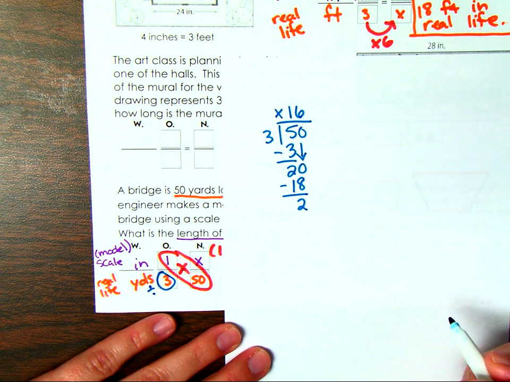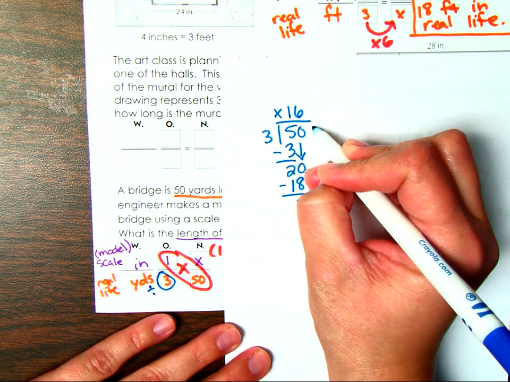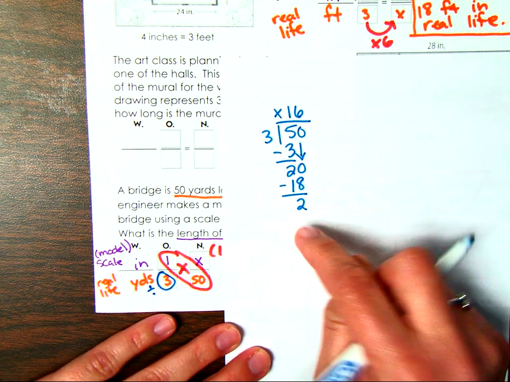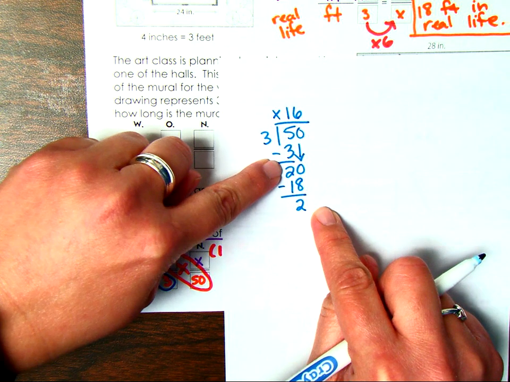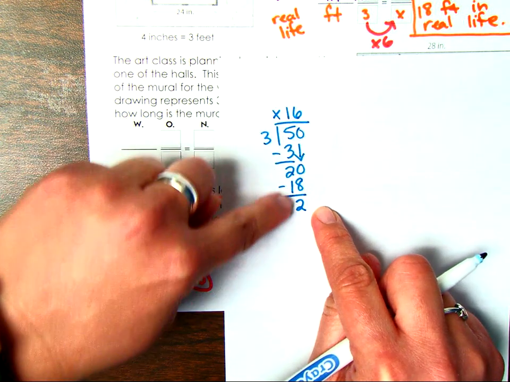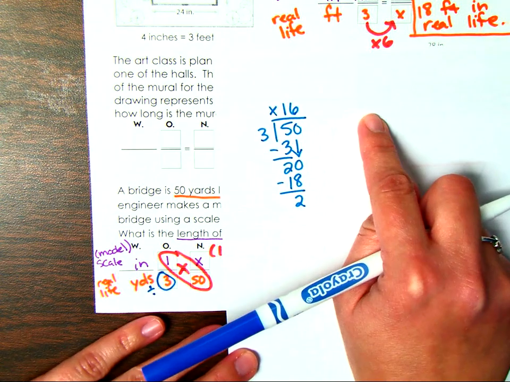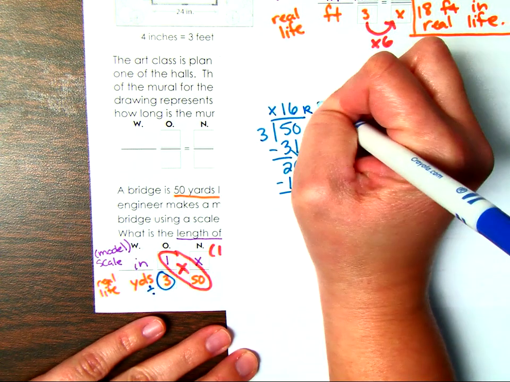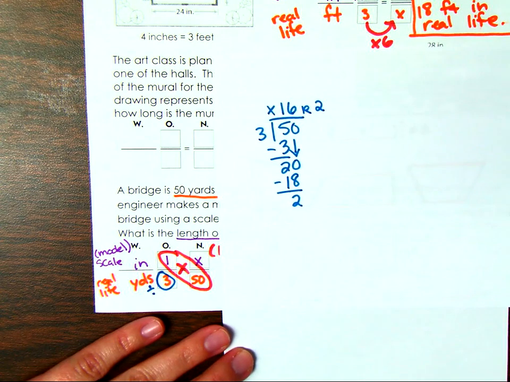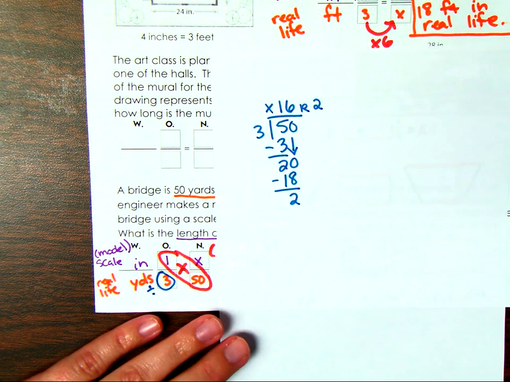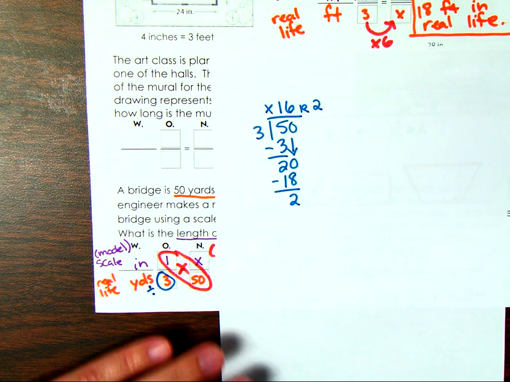However, if I put a decimal and a 0 and bring that down, I'm going to get 20 again, and then have a 6 here, subtract and get a 2, and bring down a 0, and it's always going to be repeating. So when it's a repeating decimal, we actually want to leave it as a mixed number. Remember, fractions and mixed numbers are actually more accurate than decimals.